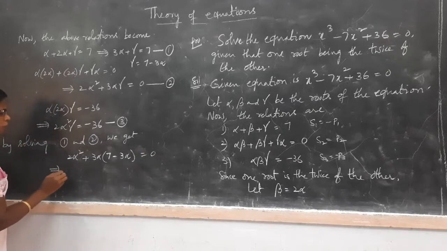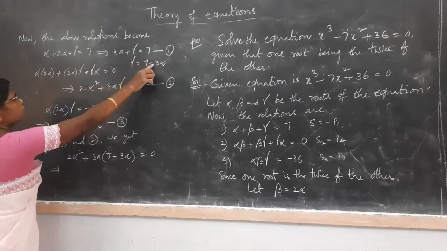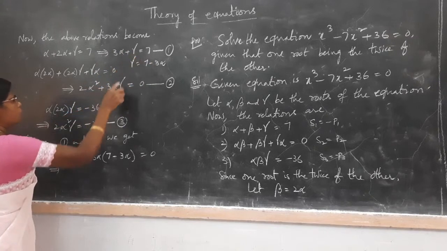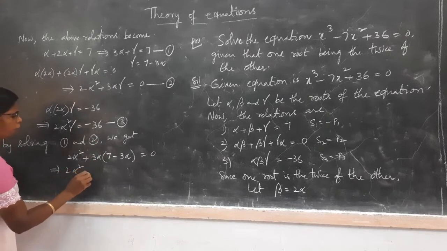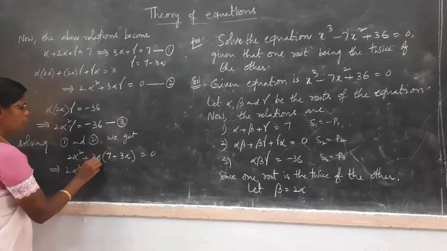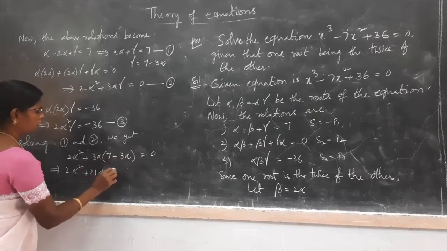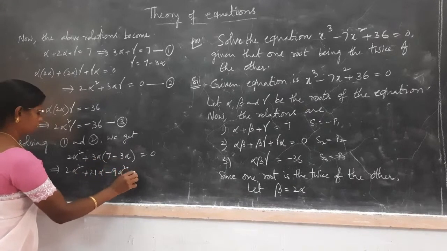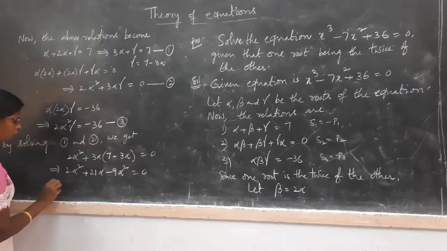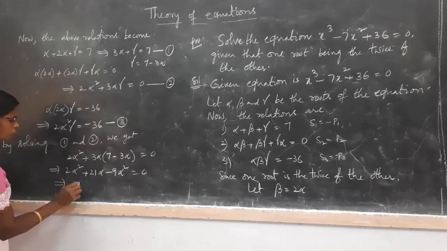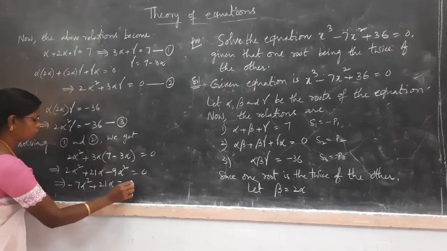So we eliminate gamma from 1 and 2. Here we took gamma is equal to 7 minus 3 alpha, and substituted 7 minus 3 alpha wherever gamma is. 2 alpha square plus 21 alpha minus 9 alpha square is equal to 0. 2 alpha square minus 9, that means minus 7 alpha square plus 21 alpha is equal to 0.